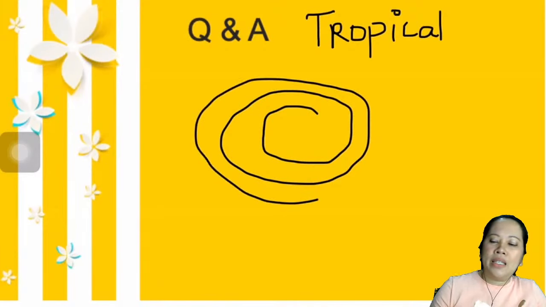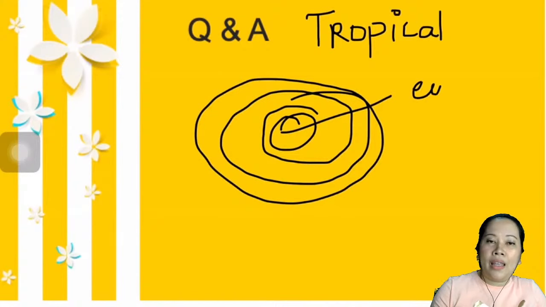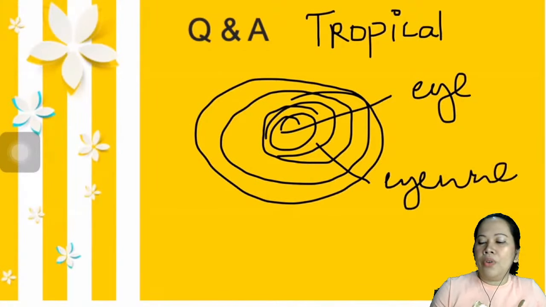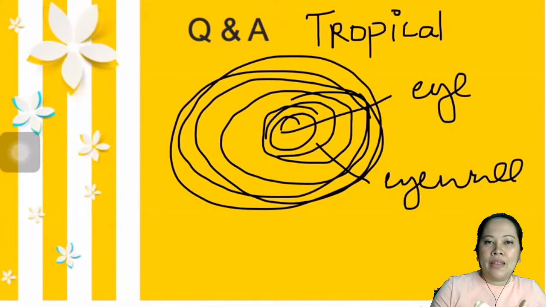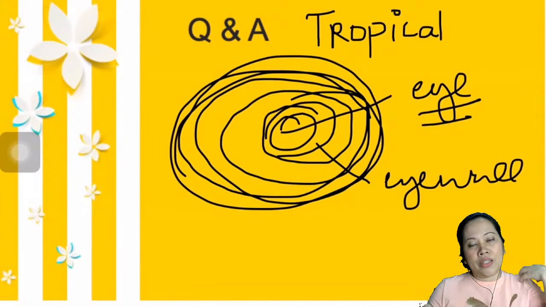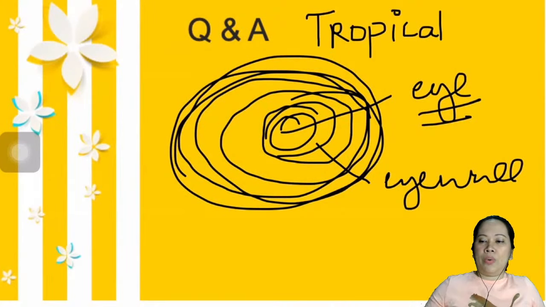The center of it is called the eye, and then you have your eye wall, and of course your rain bands. The eye is where the low pressure is, and then you have your high pressure.